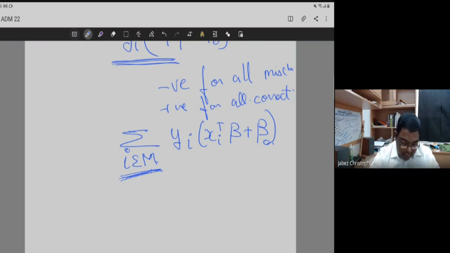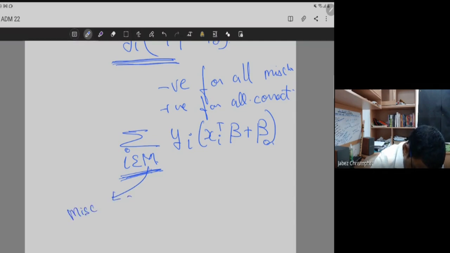So whatever it is, for all misclassified points, what am I trying to do with this function?